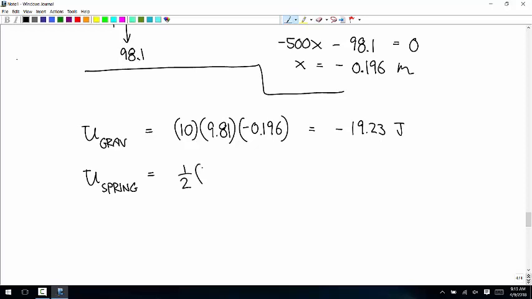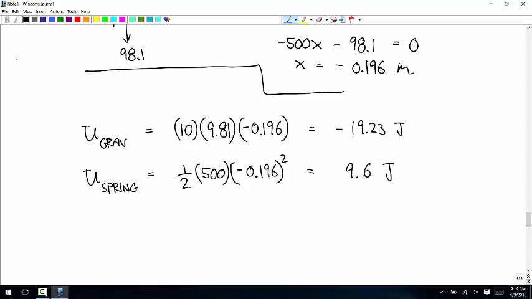And then the potential energy due to the spring is 1/2 times 500 times the distance the spring is stretched or compressed from its resting length. So we can just use that same number, negative 0.196 squared. The square is going to get rid of the negative anyways. And what do you get for that? My vote is for 19.23, but I'm not totally sure about that. 9.6? Oh, well, there you go.